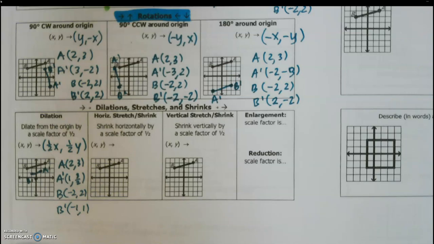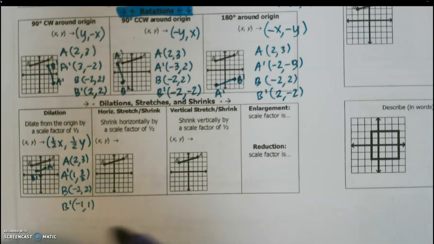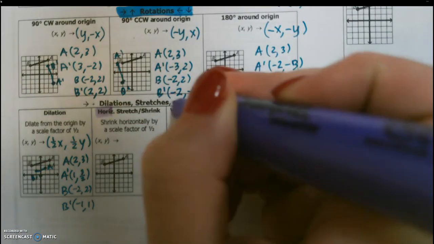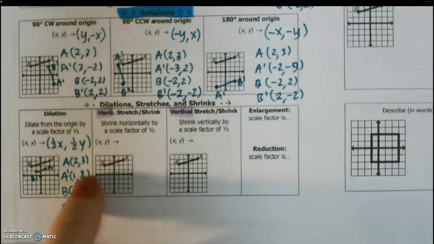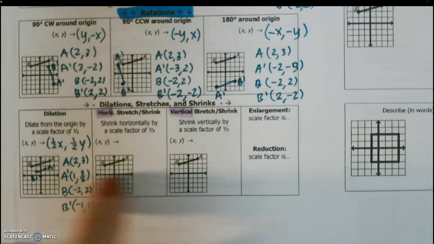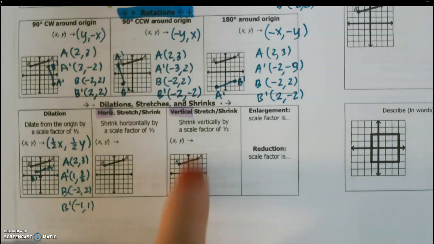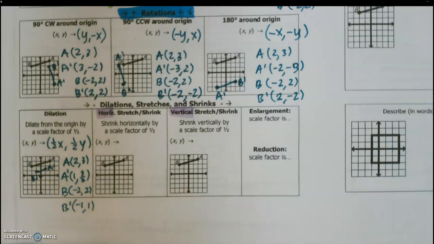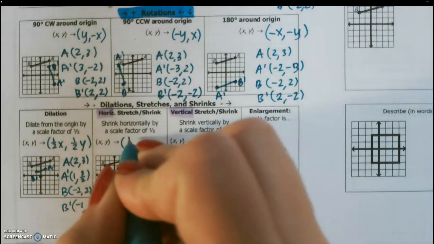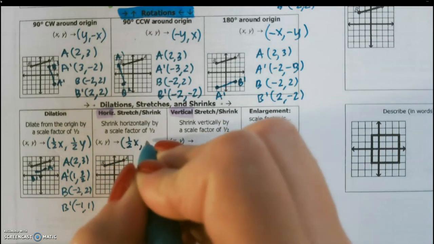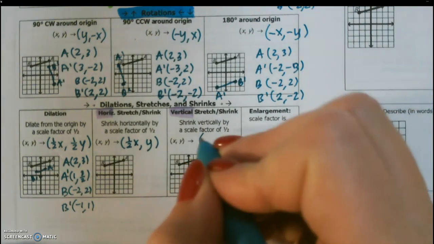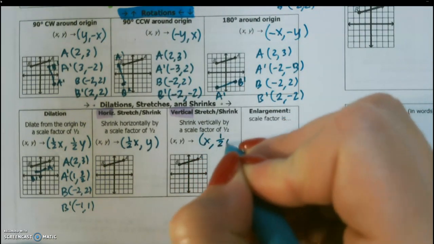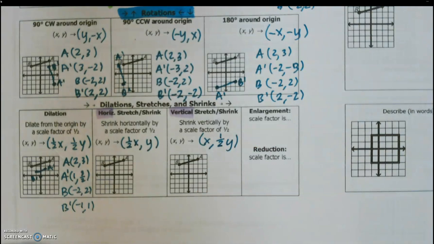Now you need to be careful with this next piece because this is just a horizontal shrink or stretch, and this is just a vertical shrink or stretch. Now horizontal, if you think about horizontal, it's the x-axis that's being affected. If you think about vertical, it is the y-axis that is being affected. So for the rule on this one, it is just your x that's being multiplied by the scale factor and not your y. Okay, for vertical, your x stays the same, your y is impacted by the scale factor.